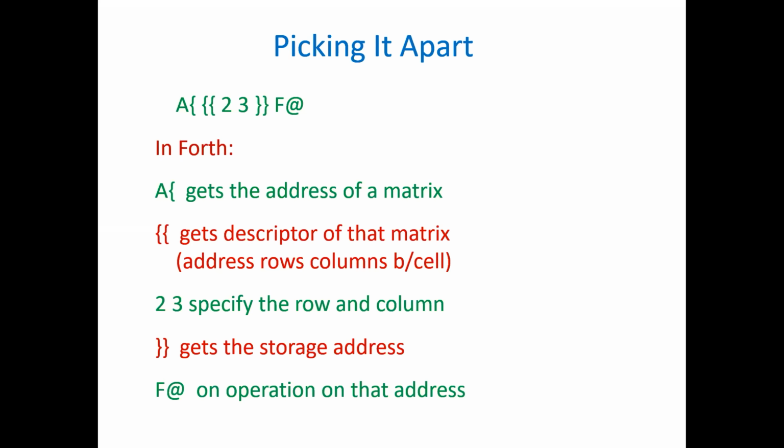The 2, 3 specifies the row and column, and then the right double brace does the work because it's taking 6 parameters, and from those 6 parameters, it's locating the storage address. That's where the magic occurs, and the nice part is that's where the complexity is concealed, because at that double right brace time, you're manipulating 6 parameters without having to handle or touch them individually.